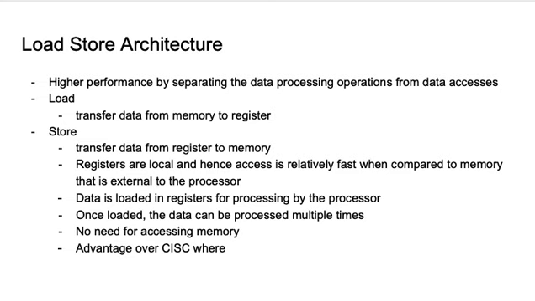The advantage is over CISC, because in CISC the data processing operations operate on memory directly, and hence the load store architecture in RISC offers better throughput than CISC.